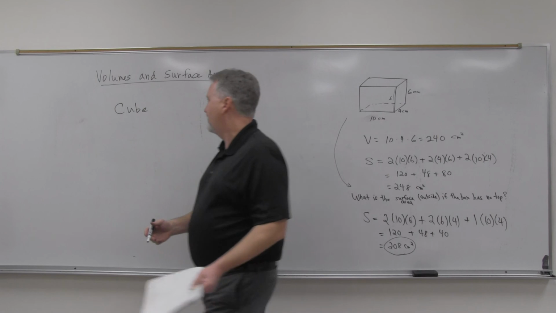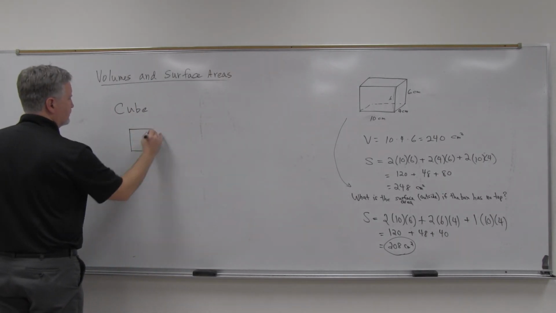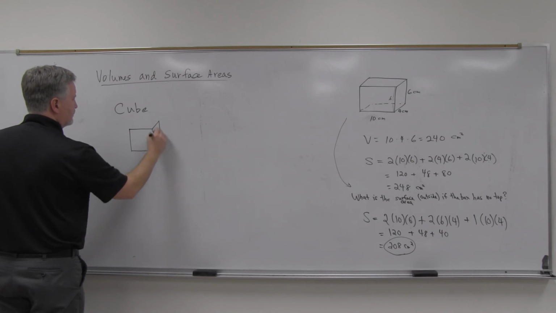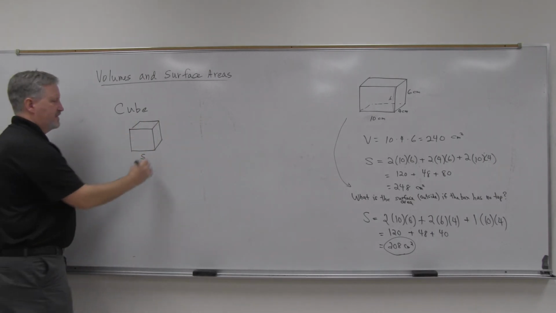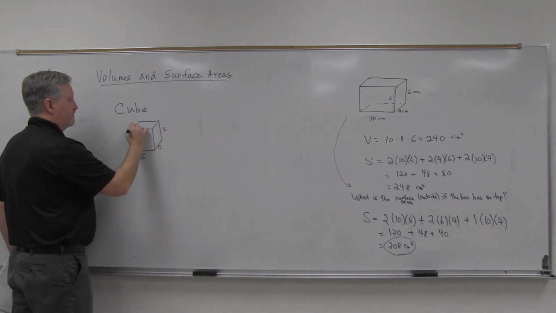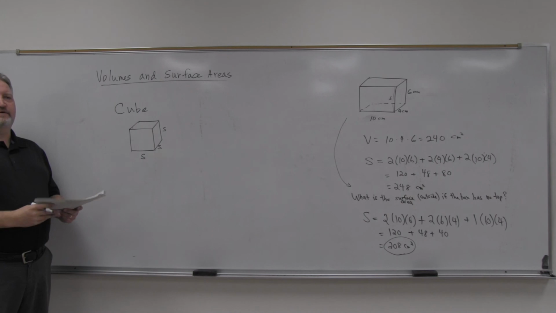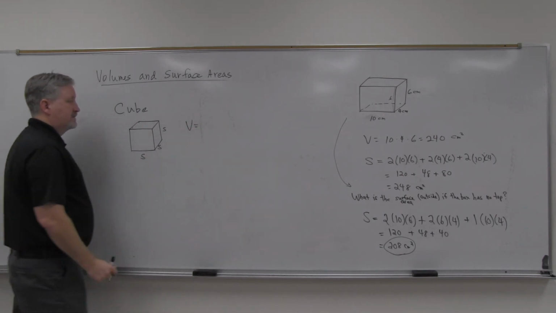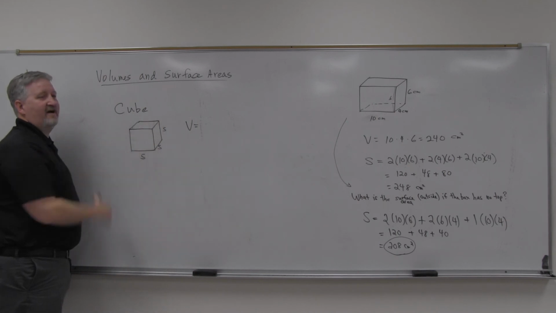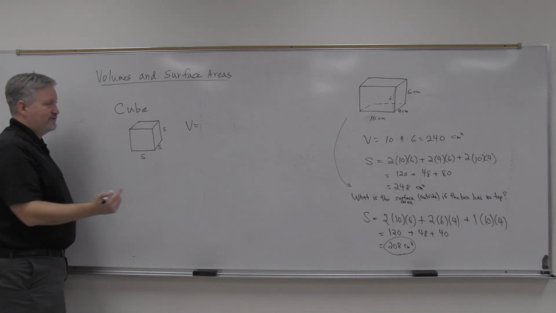Because in a cube, all the sides are the same. So if one of the sides is S, then all the sides are S's. All right? So what does that make the formulas? The volume? Well, the length, the width, and the height are S's. S times S times S, it's S cubed.